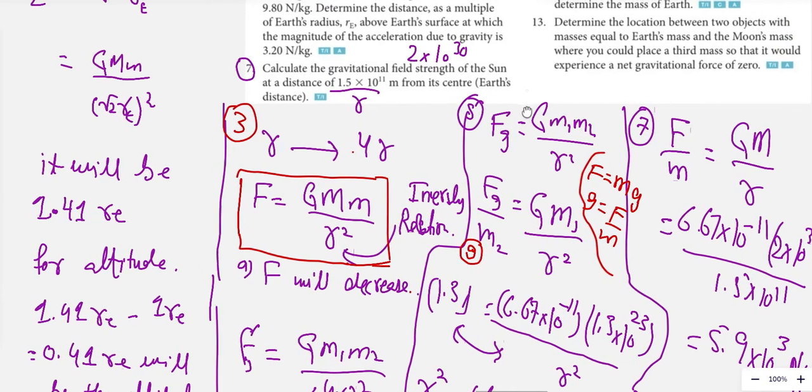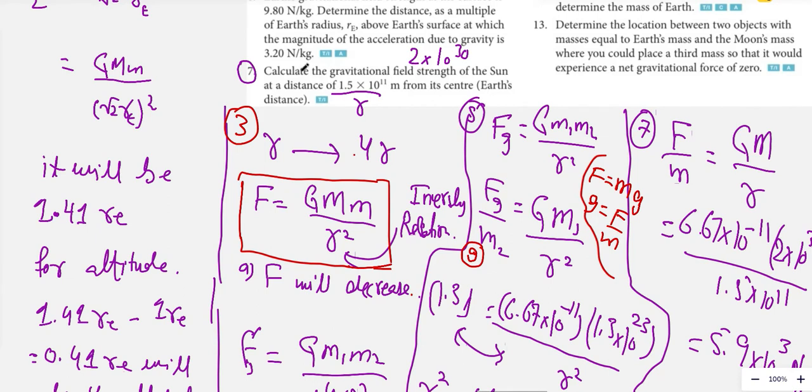Then in the 7th question, calculate the gravitational field strength. Okay, again the same thing is asked which was asked in the previous question. We have to calculate g, and it will be Fg by M2. And then the radius of the sun is given.